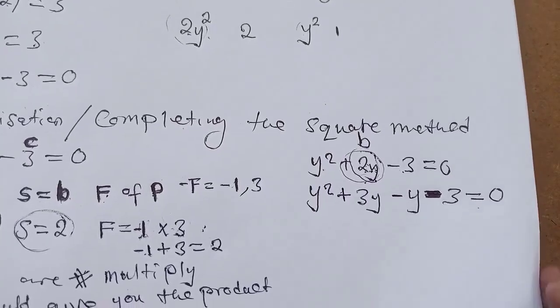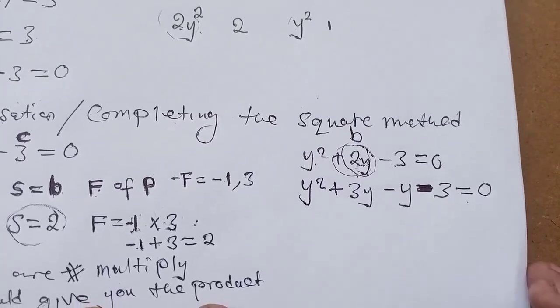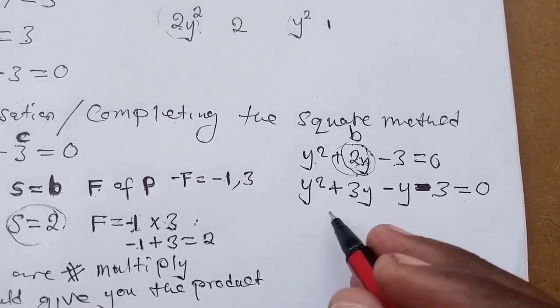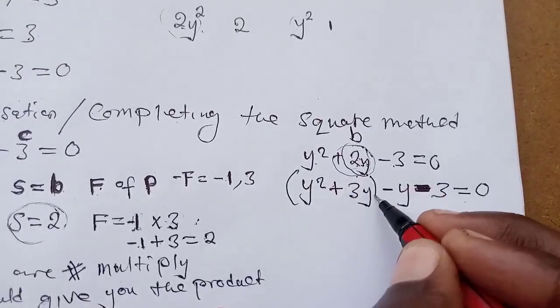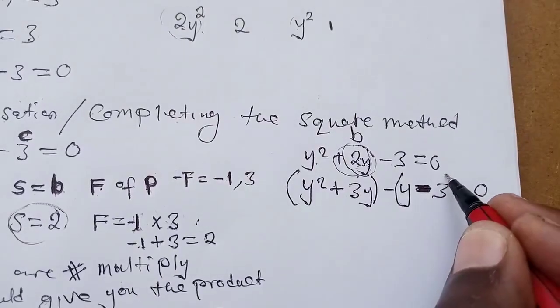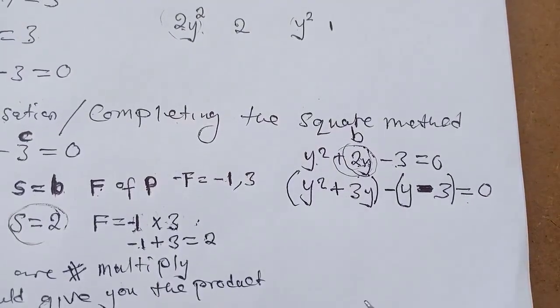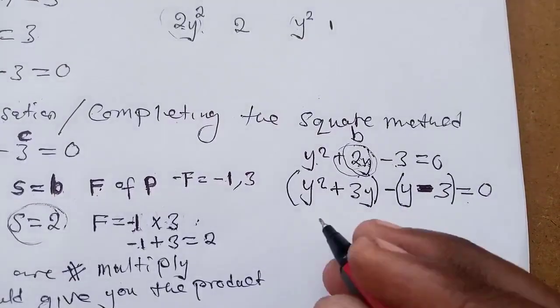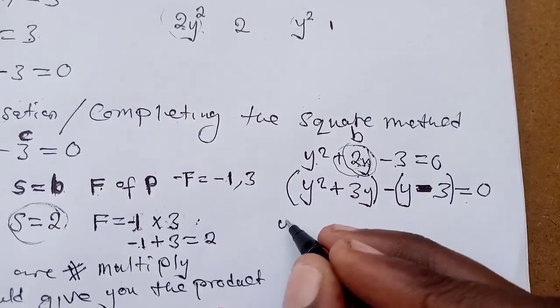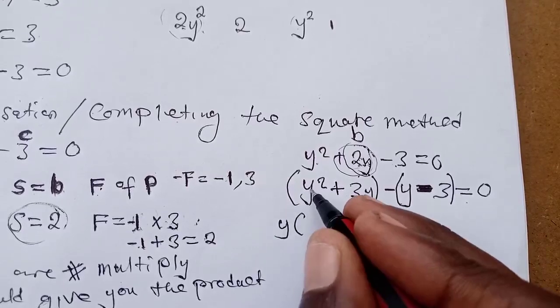Okay, so you should know how to factorize grouped variables like this. So we factorize them like this. What letter is common in here? The letter that is common is y, meaning y can go into y.